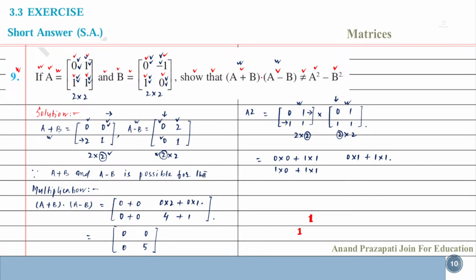Again 1 into 1 plus 1 into 1. So here will be 0 plus 1 equal to 1, 0 plus 1 equal to 1, 0 plus 1 equal to 1, and 1 plus 1 equal to 2.